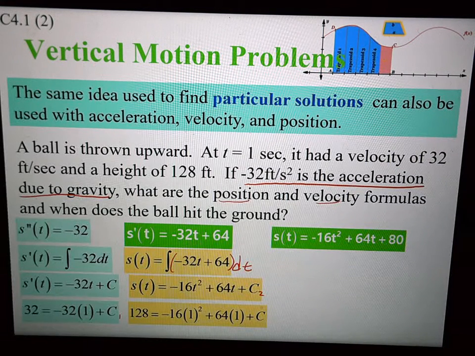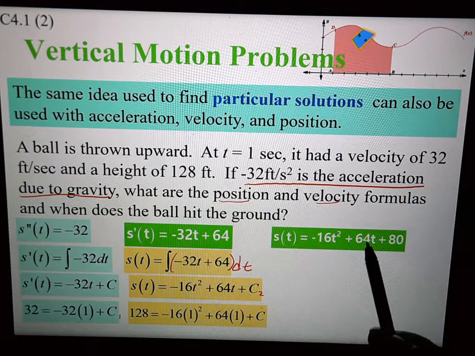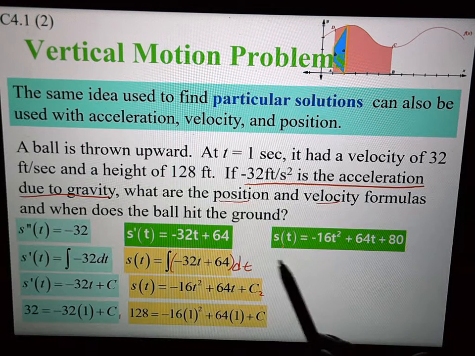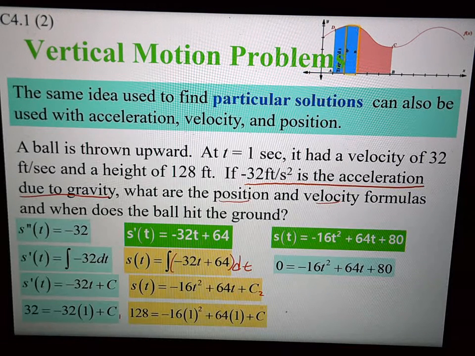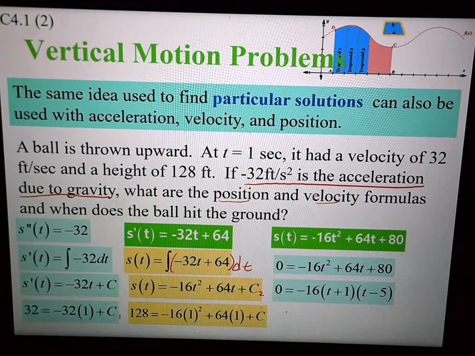There's only one last question I have to answer, which is, when does the ball hit the ground? I want to know at what time the position is 0. So set this equal to 0. If you can factor out something, do that. I'd factor out a 16 if I were you. And it factors perfectly.